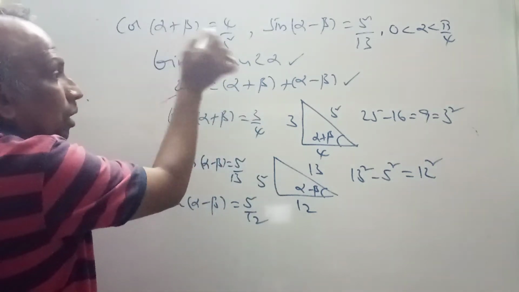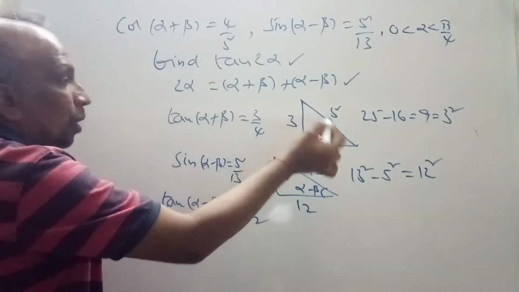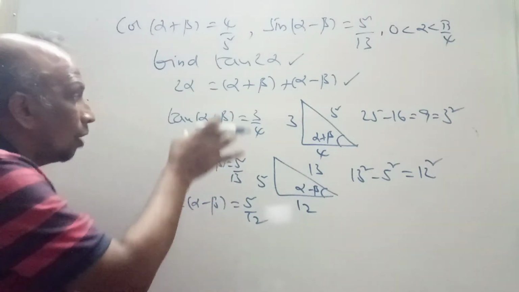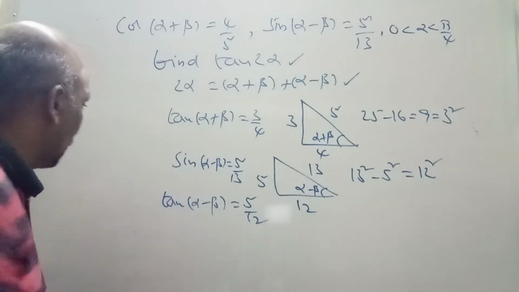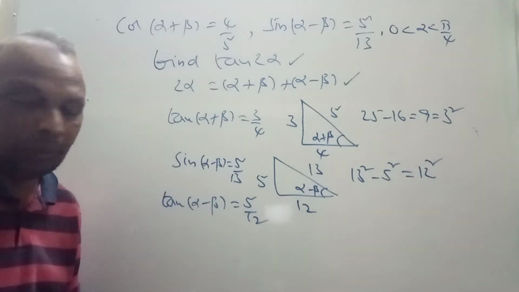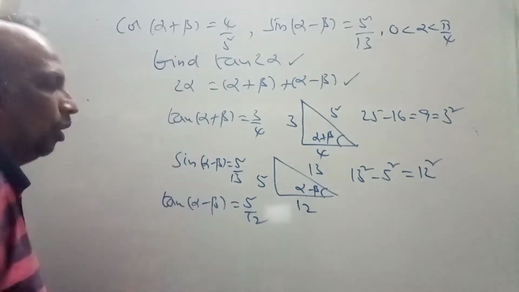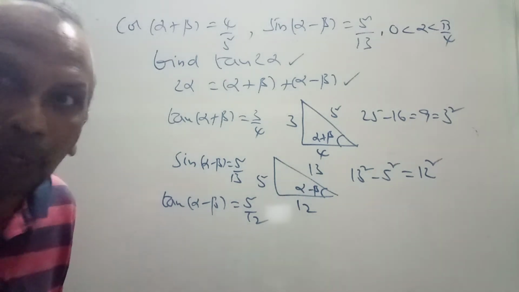You know how I got this? Using cos of alpha plus beta, I got the values of tan of alpha plus beta and tan of alpha minus beta. Both values I got now. Now I can write tan 2 alpha.